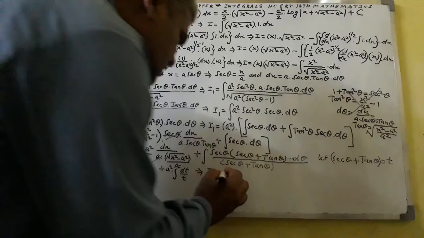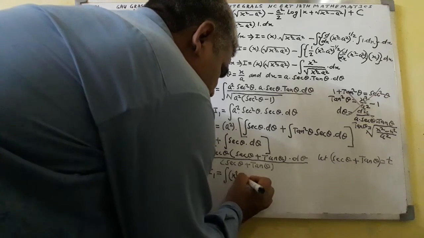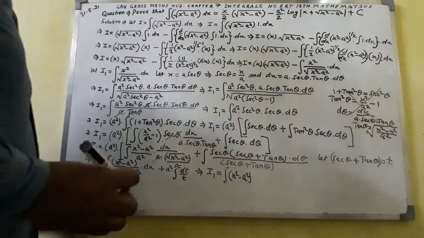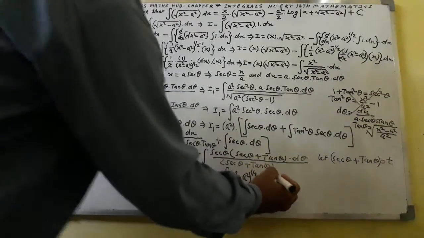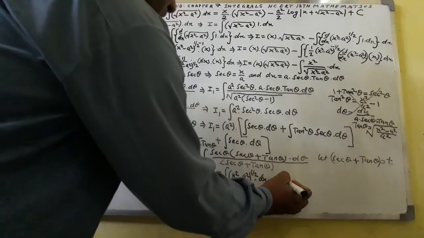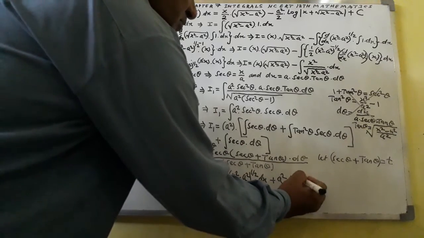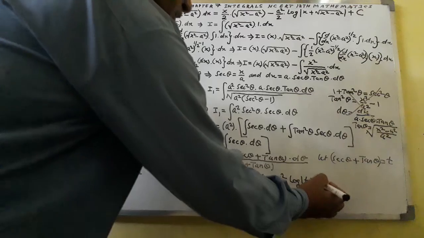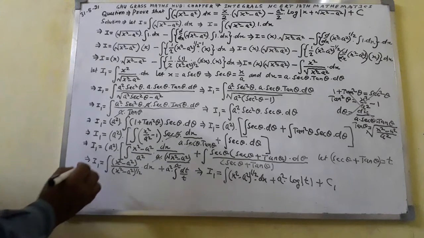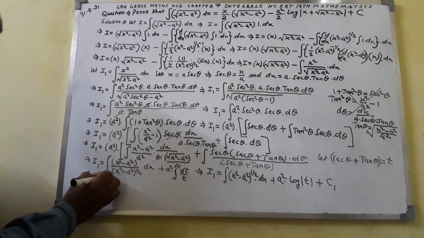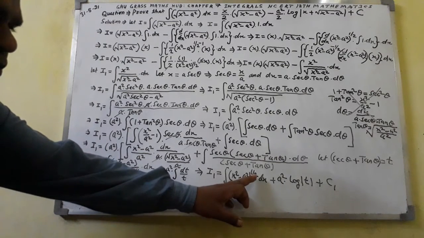So here we shall get integral x square minus a square raised to the power 1 over 2 dot dx plus a square, and here we will get log mod t plus c1. This thing we will get. Again I shall write I1 equal to, here this term integral x square minus a square raised to the power 1 over 2 dot dx.